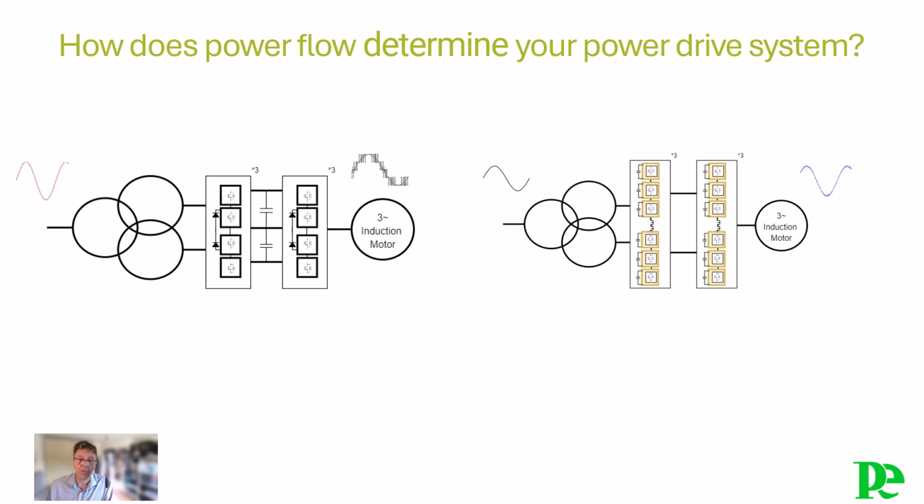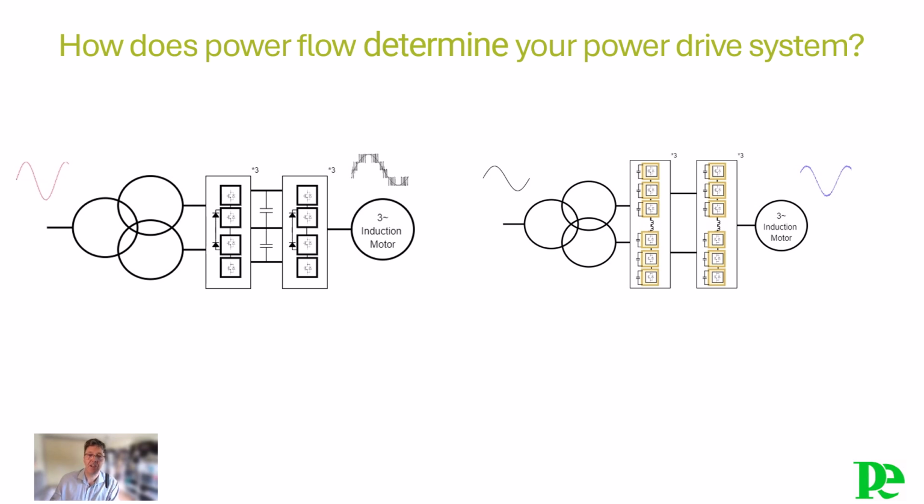Well, the formerly mentioned topologies, the 3-level neutral point clamped and the modular multi-level converter, are then equipped with an active front end, which is basically a repeat of the inverter. The active control of the input stage provides for 4-quadrant operation.